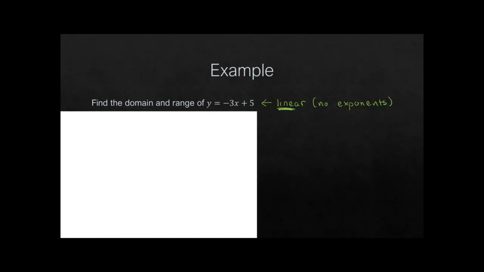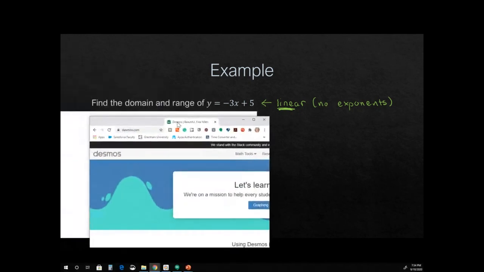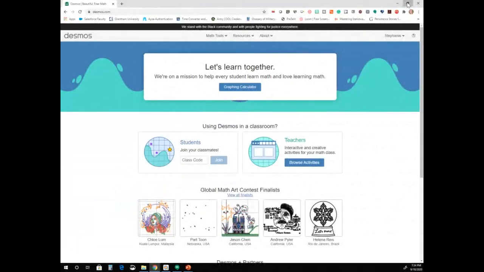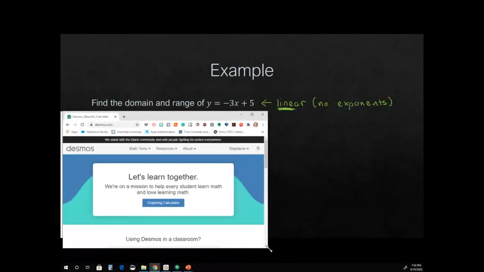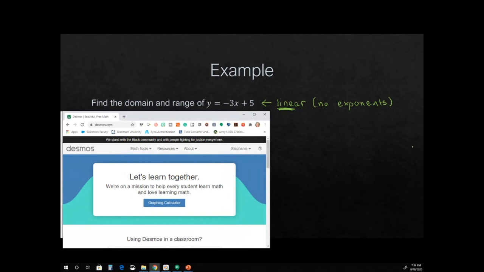Since my thing is not showing up here, I'm going to have to open up Desmos and pull it over here. We'll just pretend that it's in the same area where I put that box.